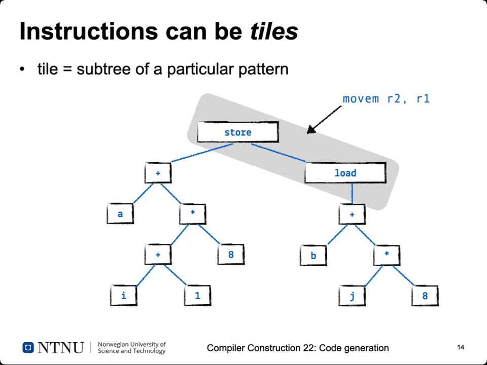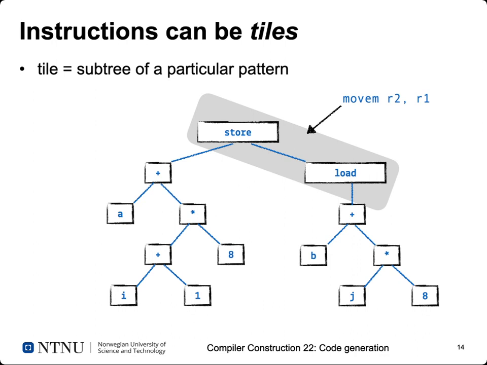Now the instructions we generate from this tree don't have to be related to just a single node or a single subtree of our expression tree. Instead, instructions can be tiles, more or less connected arbitrary subparts of our graph. So a tile is just a subtree of a particular pattern.